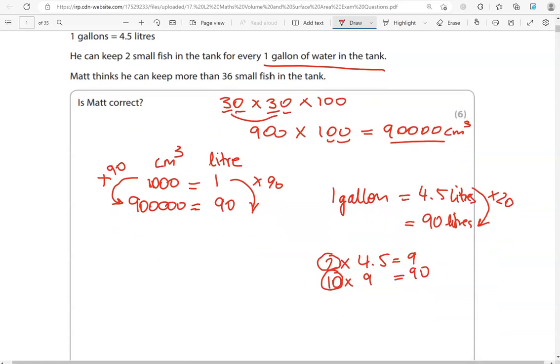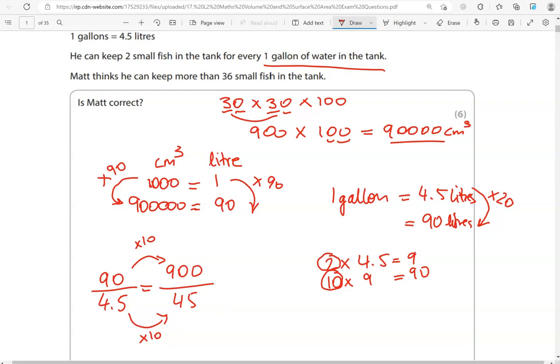If this didn't make sense, don't worry. We can do 90 divided by 4.5. I'm going to write this in fraction format because we've got a decimal here. By multiplying both numbers by 10 to get whole numbers, we'll get 900 divided by 45. So 90 divided by 4.5 is exactly the same as 900 divided by 45.